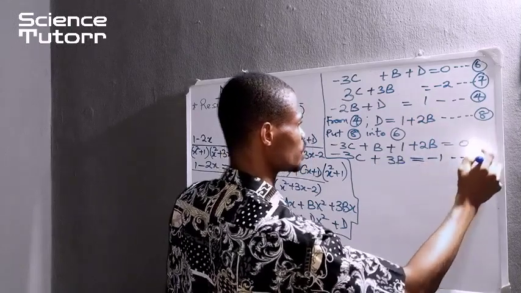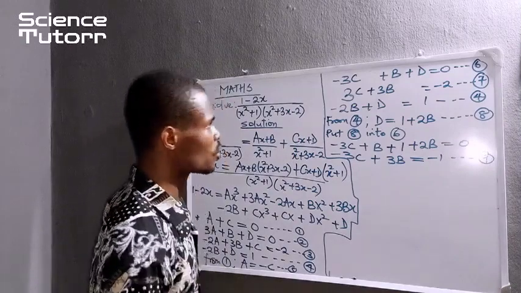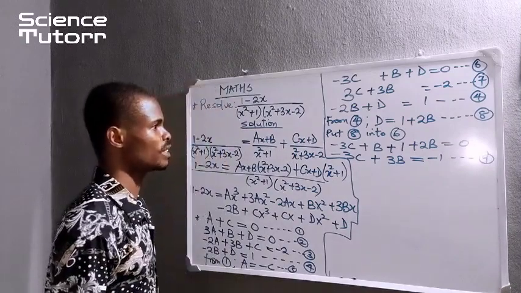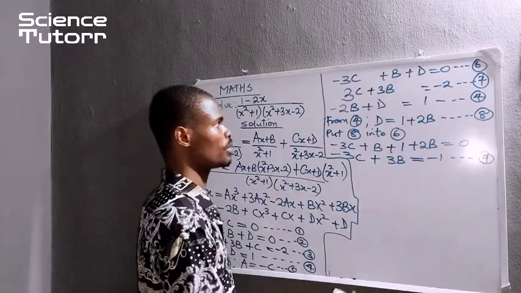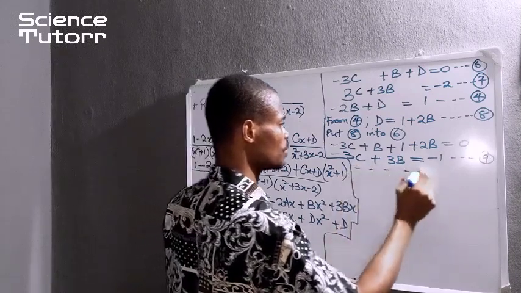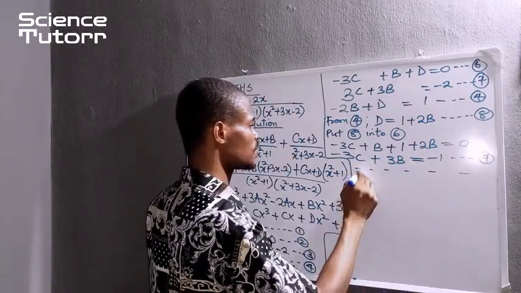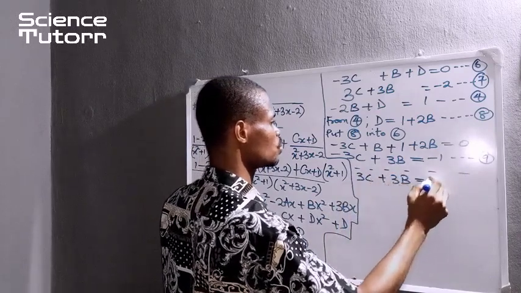This makes equation 9. At the end of the day, I have something common from equation 7 and equation 9, which I'm going to solve simultaneously. So I want to bring down equation 7 and 9. Equation 7 says 3C plus 3B is equal to minus 2.